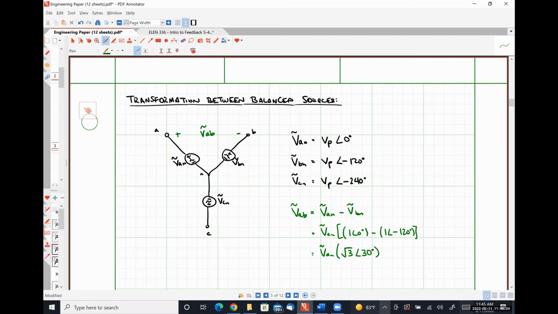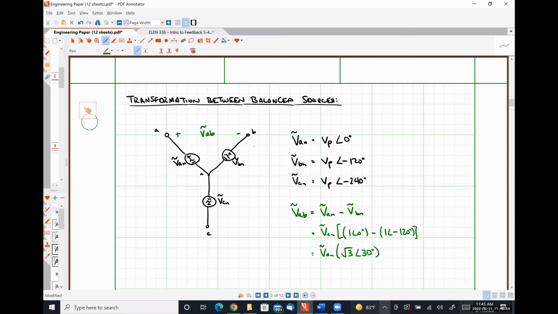So this is effectively a conversion factor that allows us to convert from our phase voltages in a Y connected source to the line voltages in a Y connected source. Okay.